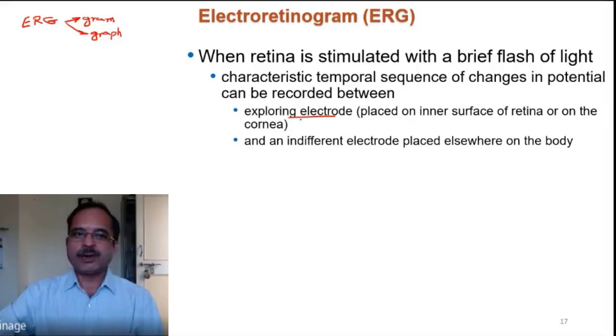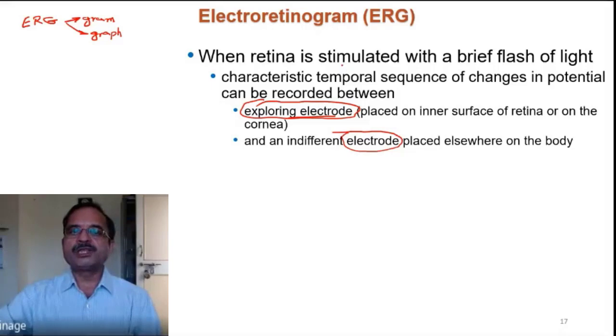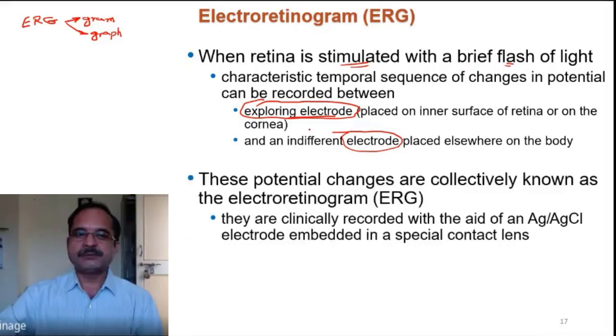So there are two electrodes. One is called the exploring electrode, and the other one is some different electrode. So the potential is measured between these two after giving a stimulation with a flash of light. So that is this ERG.